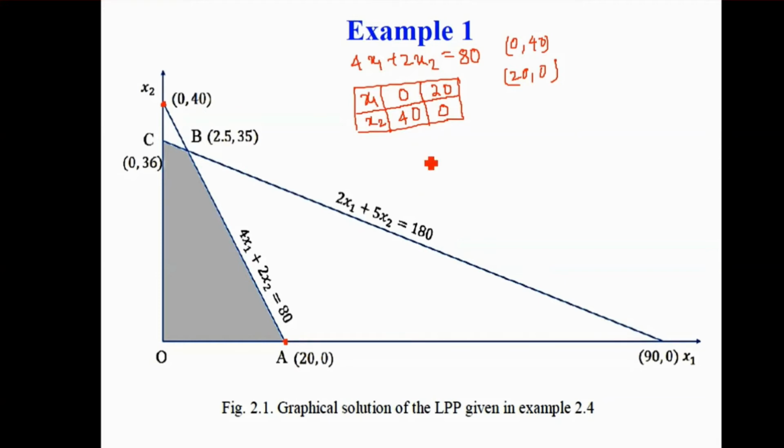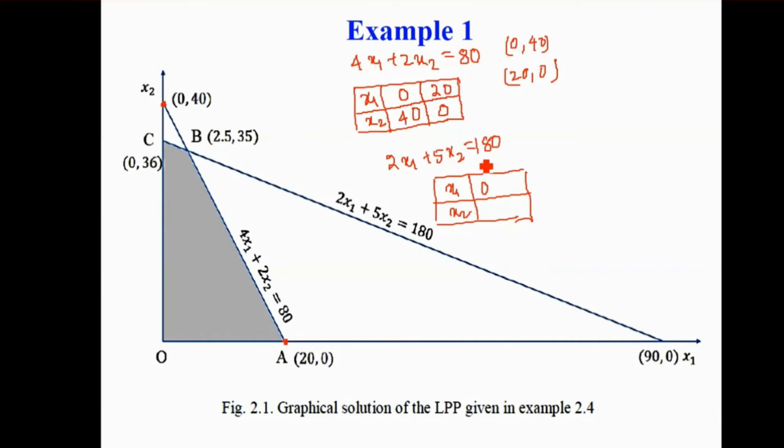Similarly, the second equation, what we had: 2x1 plus 5x2 equal to 180. So here also we can find 2 points. First take x1 as 0.